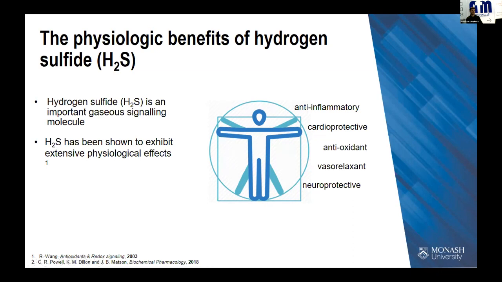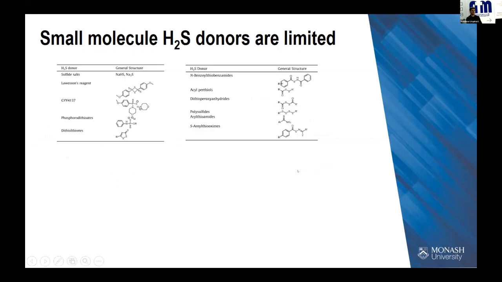However, as you might imagine, the direct inhalation of hydrogen sulfide gas is an unfeasible and unattractive delivery means. So that's where we need hydrogen sulfide donors to release hydrogen sulfide in the body where it's needed.